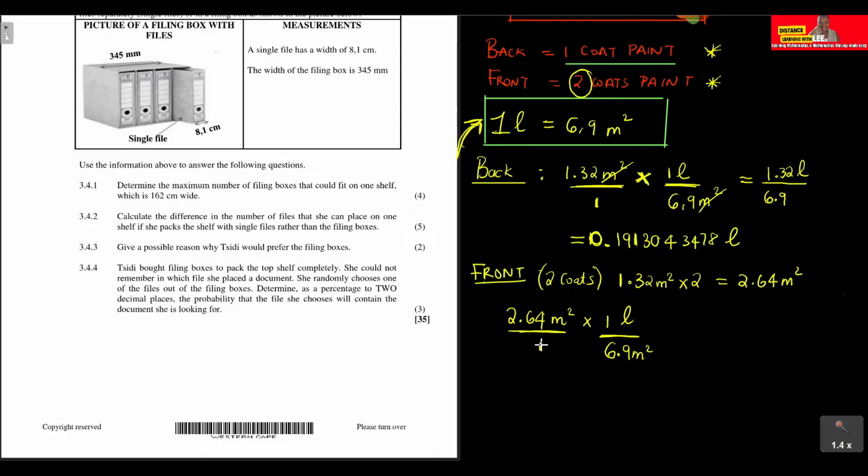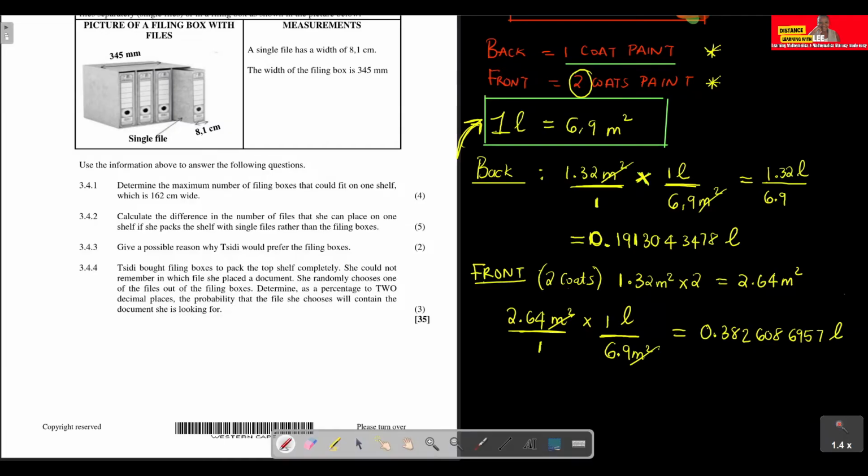Your units should cancel because we want our units in liters, so that's a way for us to check that they're canceling. If you take 2.64 and divide by 6.9, you will get 0.3826086957. So that is how much paint you would need to paint the front.